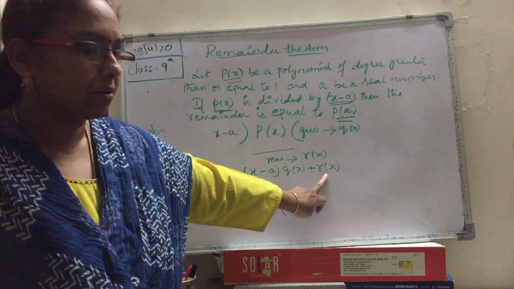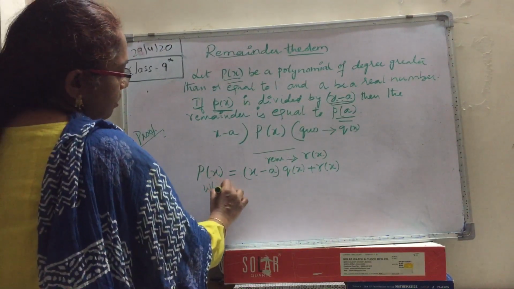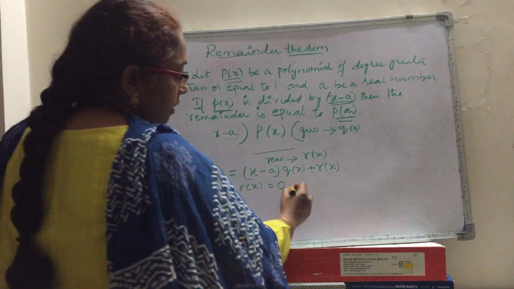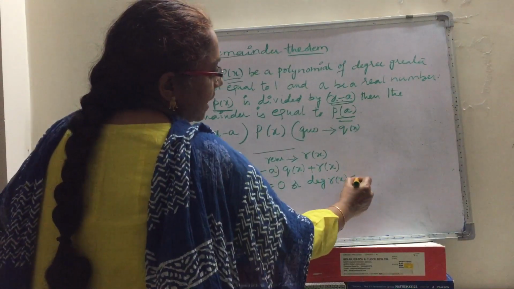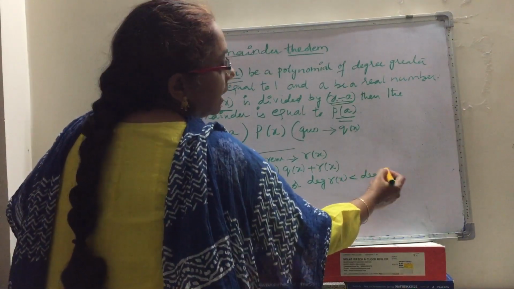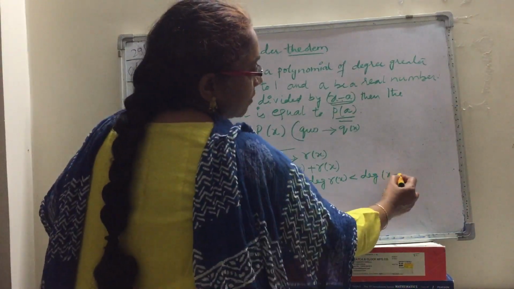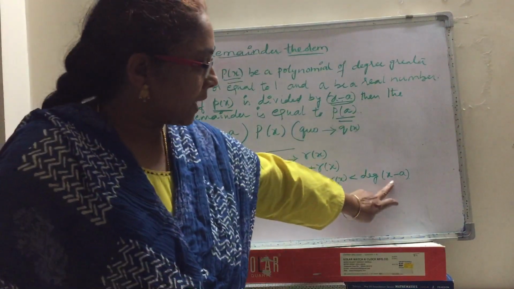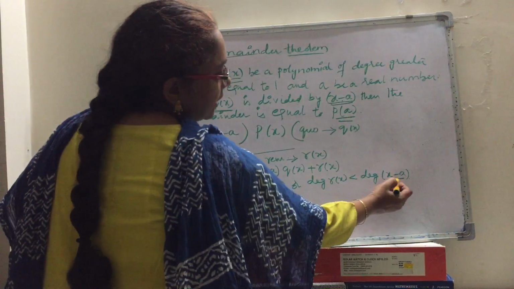It is a remainder, so r of x is either 0 or the degree of r of x is less than the degree of the divisor. Here what is the divisor? x minus a. Now what is the degree of x minus a? It is 1.